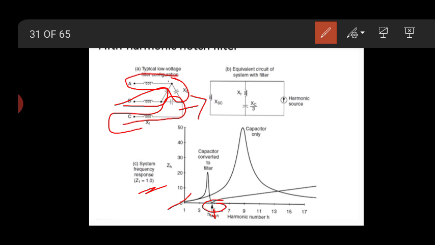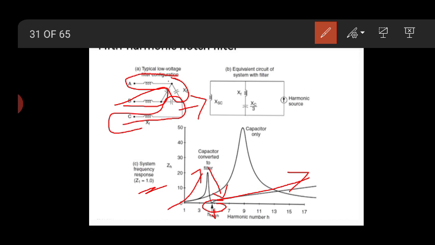It possesses very high impedance before that, and suddenly the impedance will decrease once it is the fifth order harmonic. Then it will gradually increase, the impedance will gradually increase.